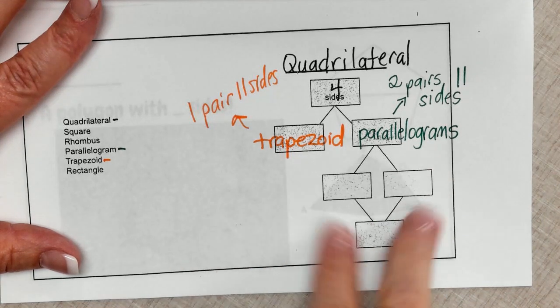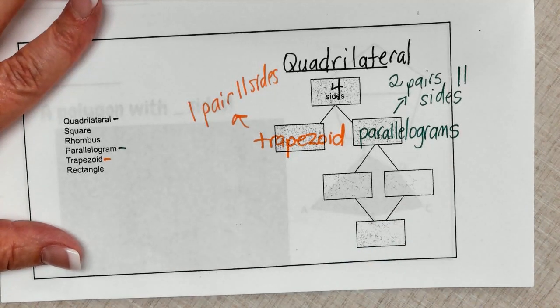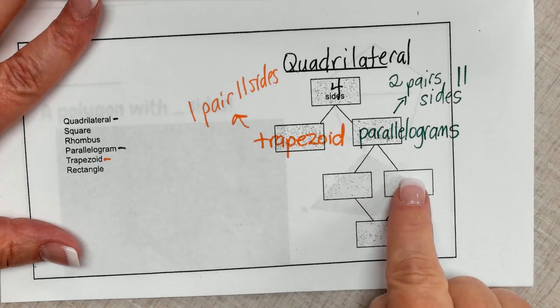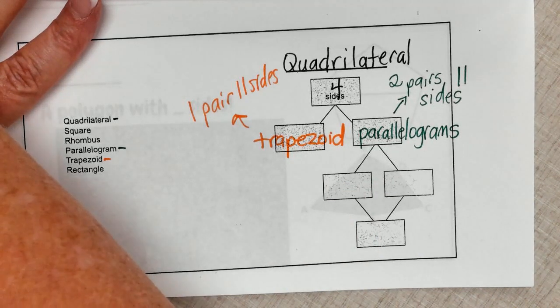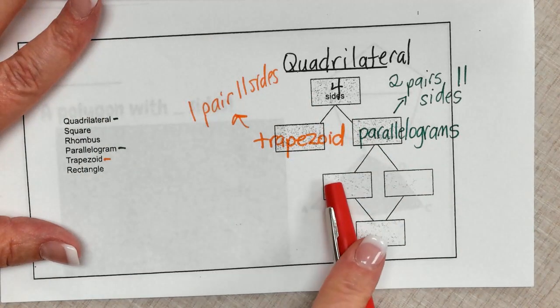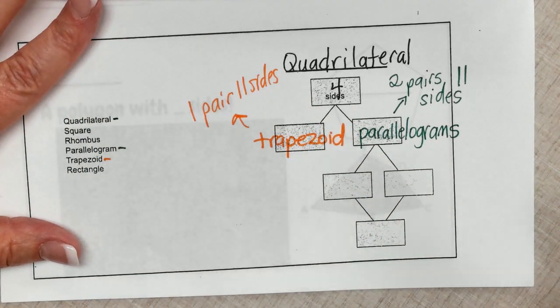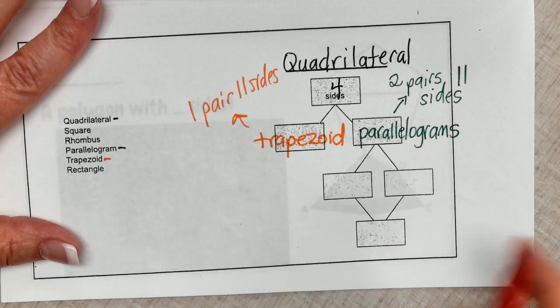This little couple coming together reminds me of our epic romance story about Prince Rectangle and Miss Rhombus. So I think either of these could be rectangle or rhombus. Whether you put rectangle on the left or rhombus on the right or vice versa, I think either could be correct.